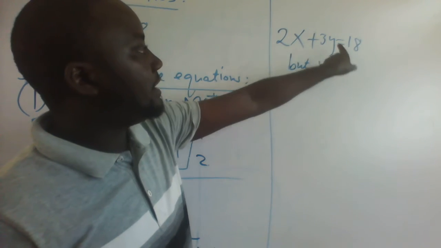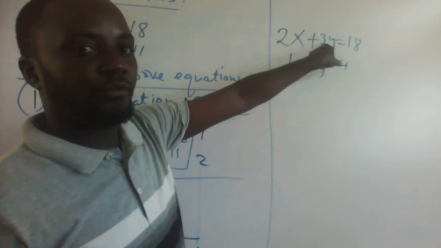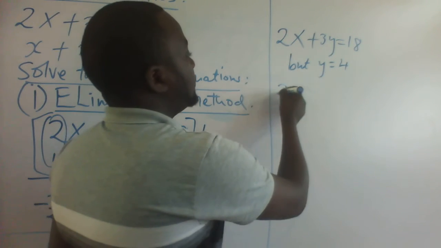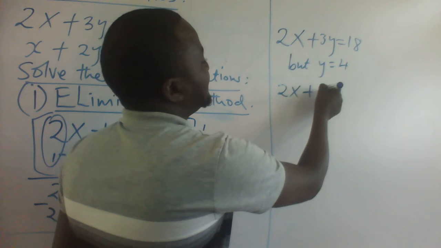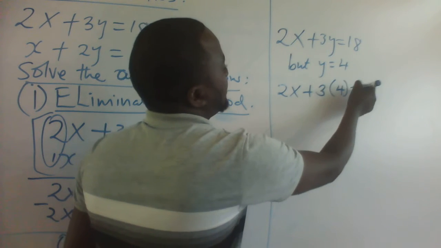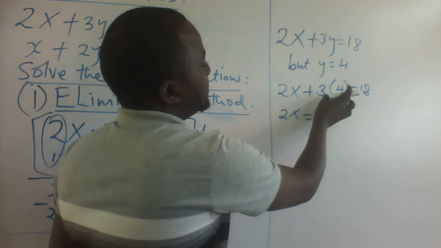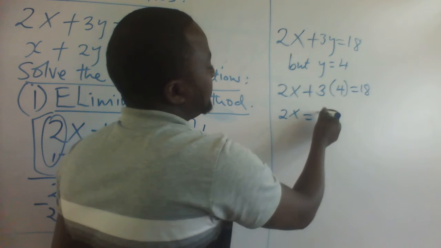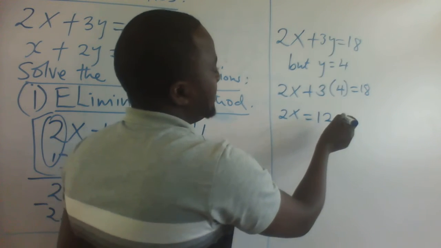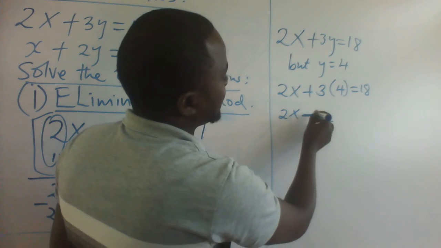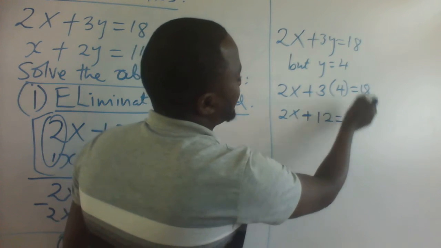Where we have y, substitute with 4. This will give us 2x plus 3 times 4, which is 12, equals 18.